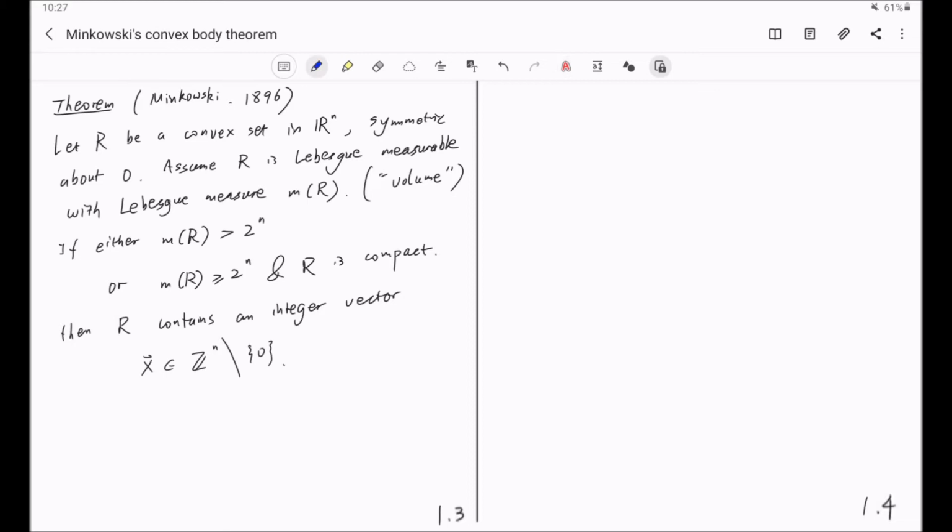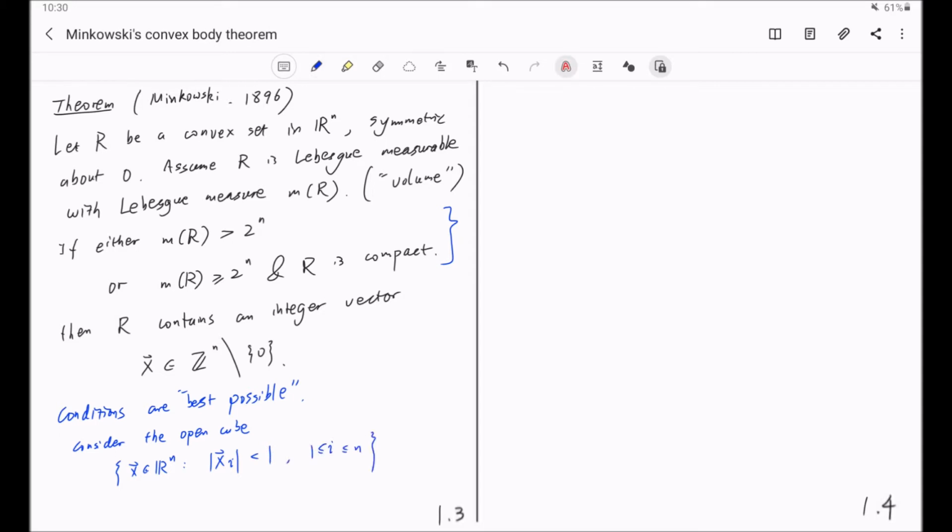Before we start the proof, let me remind you that those two conditions are kind of best possible. Do you see why? So consider the open cube, denoted those vectors in R^n whose components have an absolute value strictly less than 1.